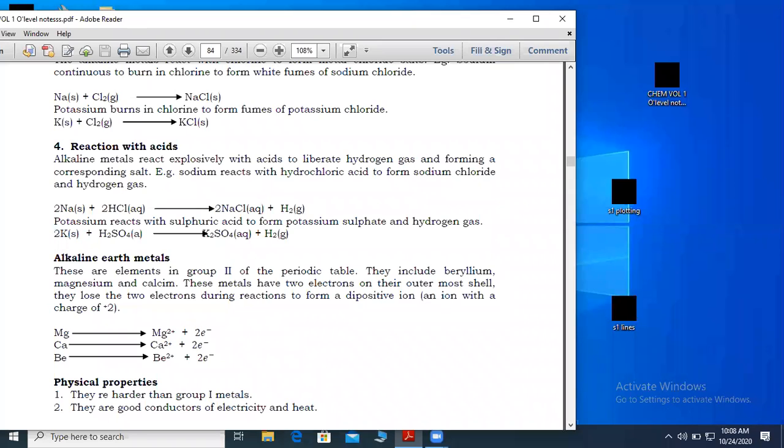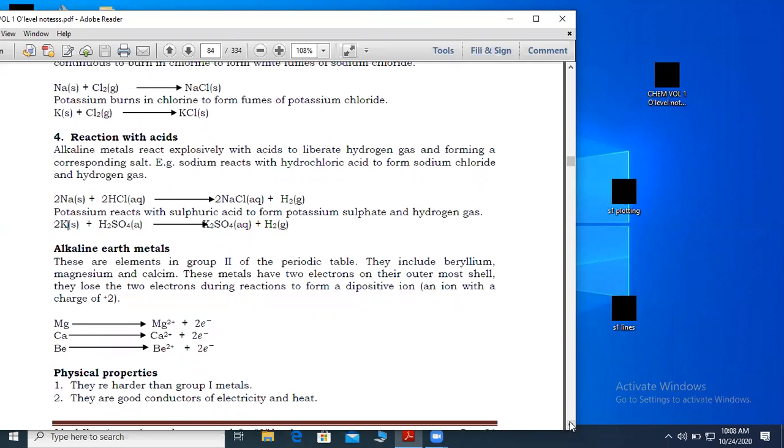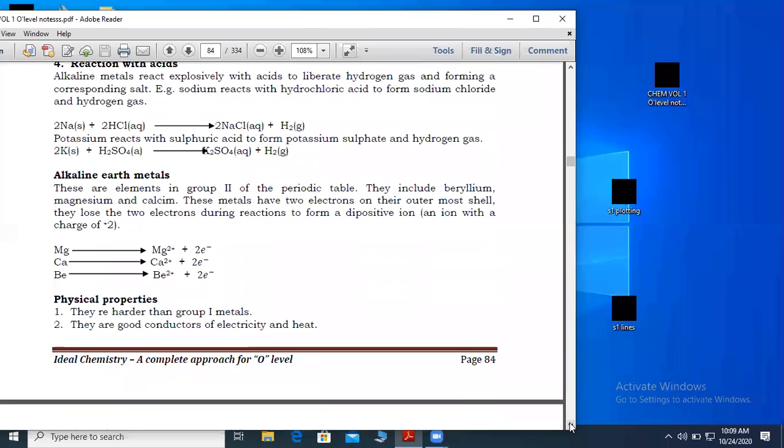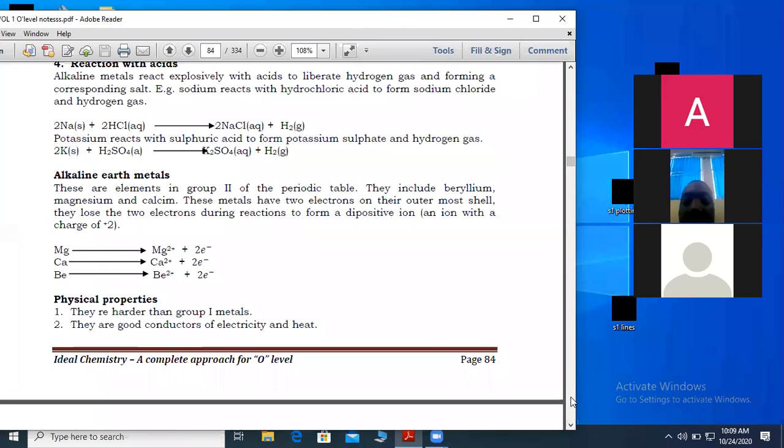Another question, if I remember very well, asked you to state what is observed when magnesium is burned in oxygen, or when magnesium reacts with oxygen. My friends, I'm still repeating. When a question asks you to state what is observed when a substance is burnt in oxygen, please give the color of the flame and the color of the substance that is formed at the end.